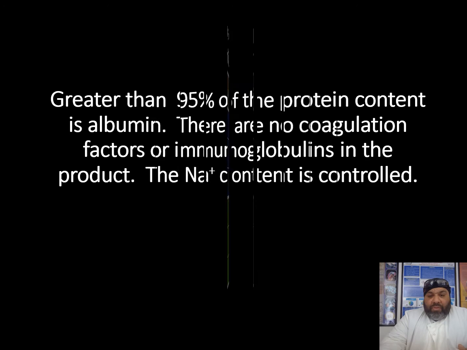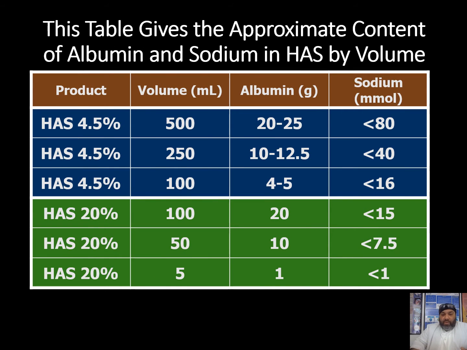So in line with this, I thought I'd provide this perspective in a table, and this table gives an approximate content of albumin and sodium in human albumin solution by volume.